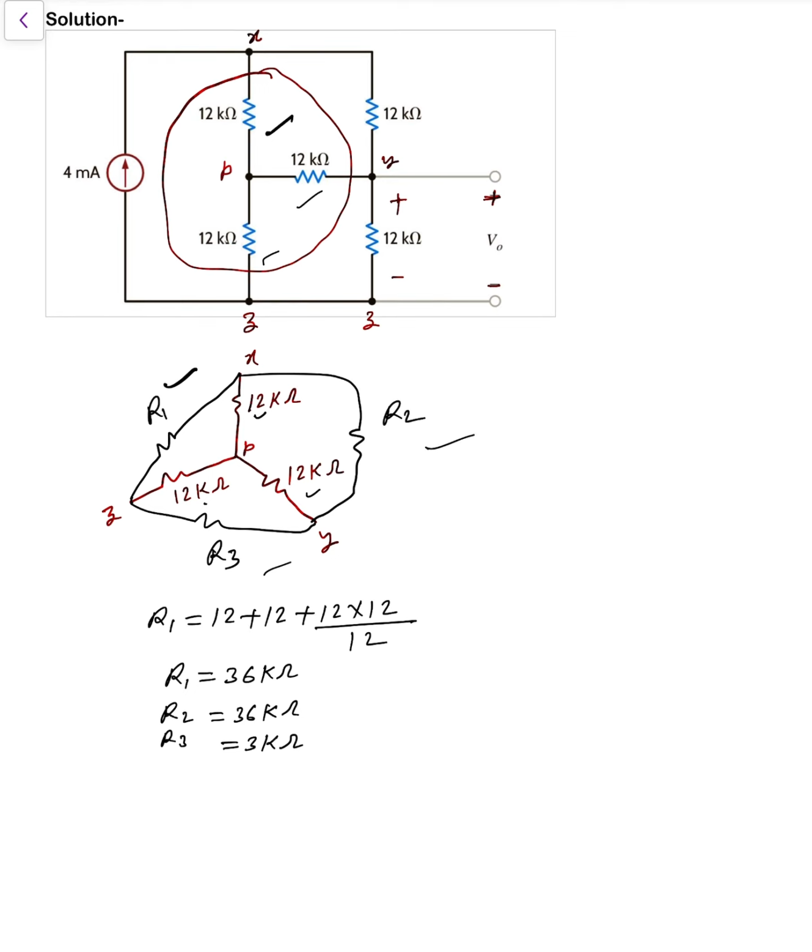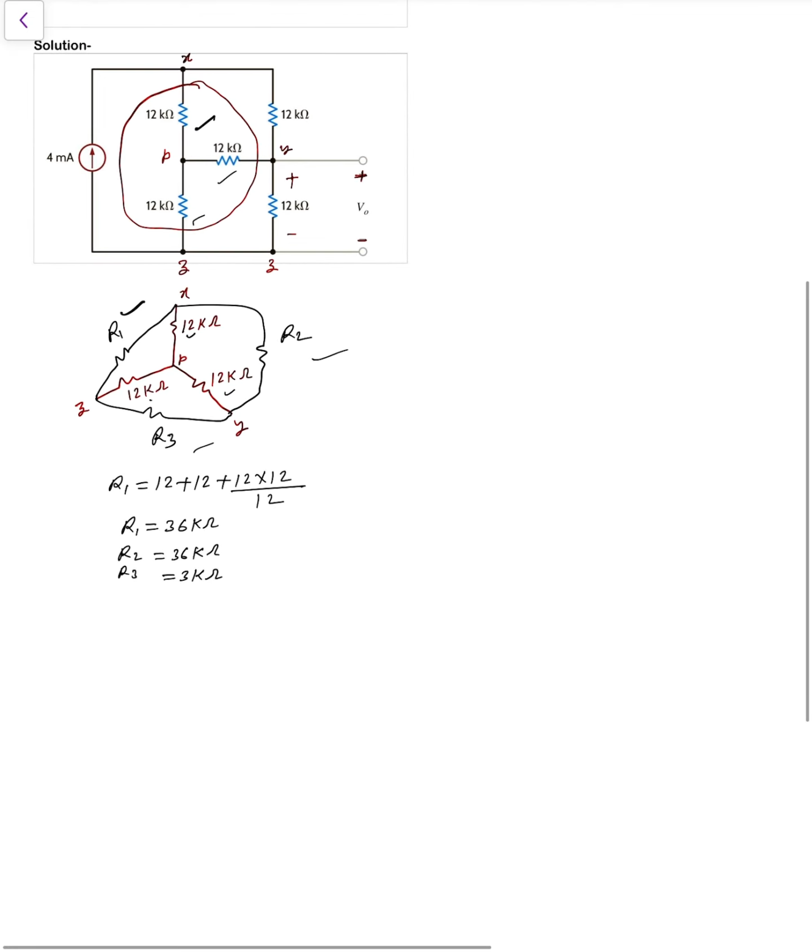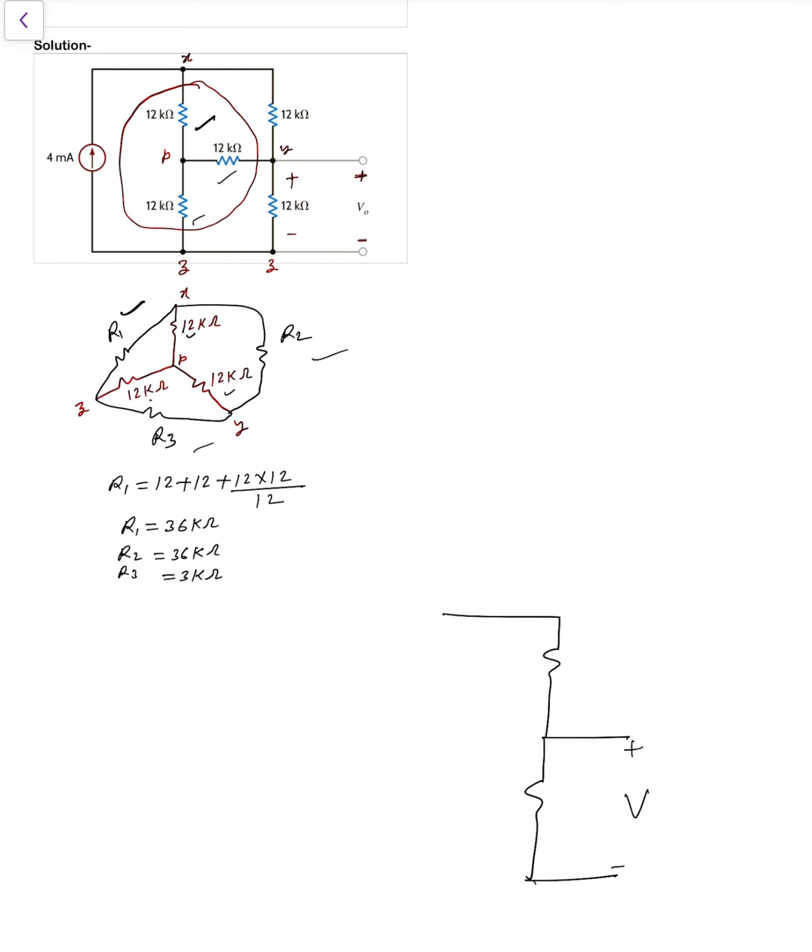First of all, redraw again. That one 12 kilo ohm, that one 12 kilo ohm, that is x, here plus, here minus, here V naught, here 12 kilo ohm, here 12 kilo ohm. That one is y, and that is x, and that is z.